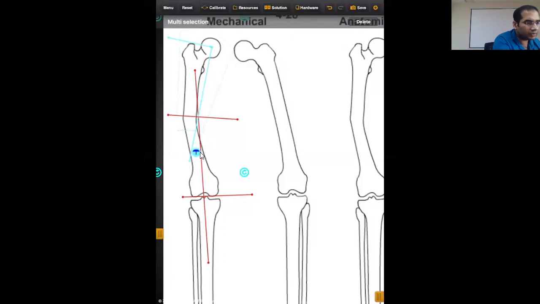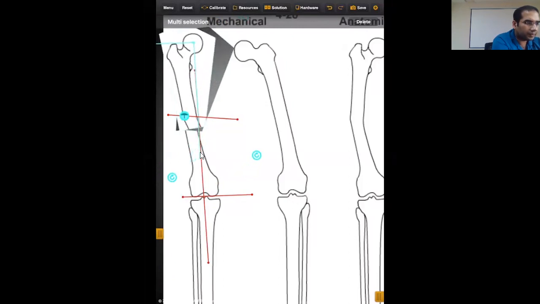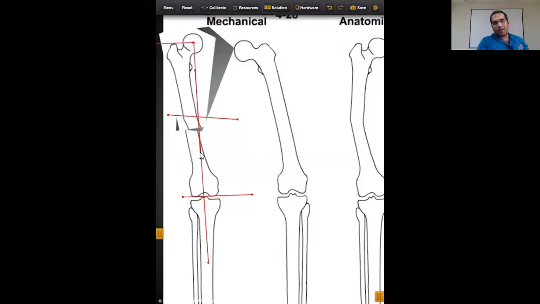As you can see now, I've done my osteotomy at a site which is away, but I have placed my hinge over the angulation correction axis. What has happened? I have created a translation, and the deformity has been corrected, and the joint orientation is normal and the mechanical axis is also normal.